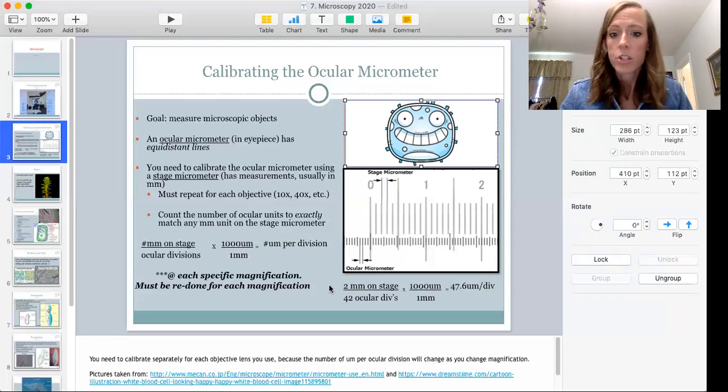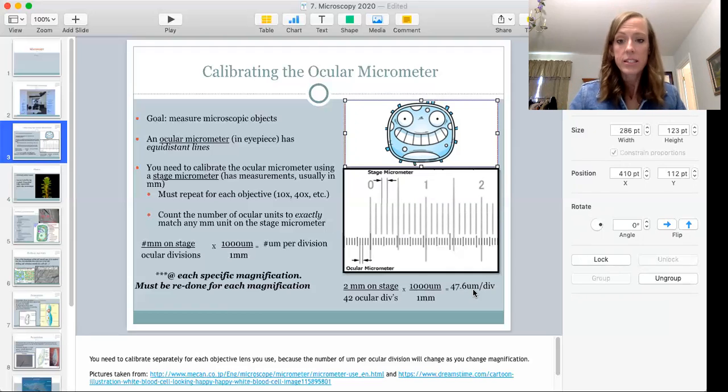Okay, so 2 millimeters on the stage is equal to 42 ocular divisions, and this is just converting from millimeters to micrometers. So I got that each division in my ocular micrometer is equal to 47.6 micrometers in actual measurements.